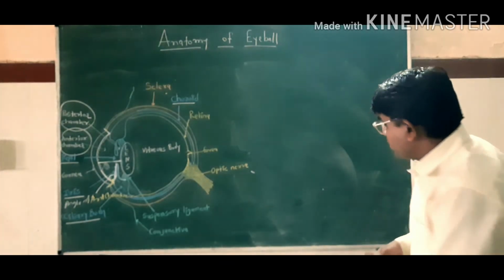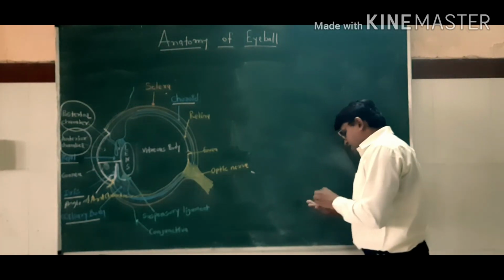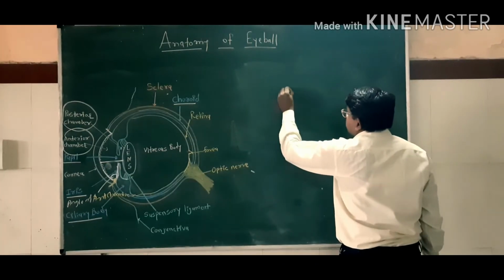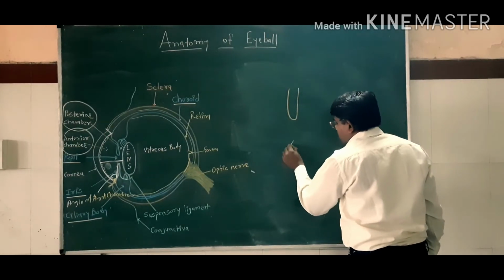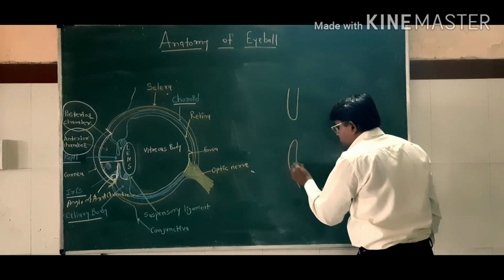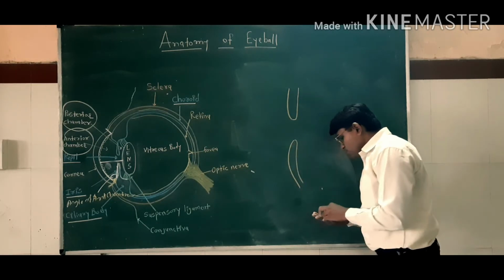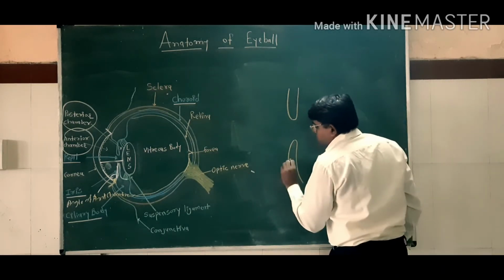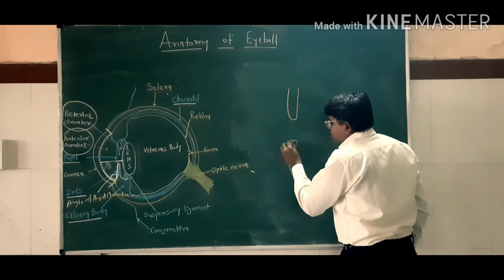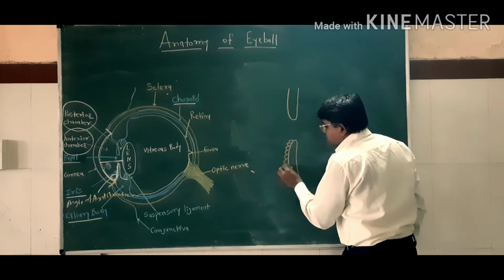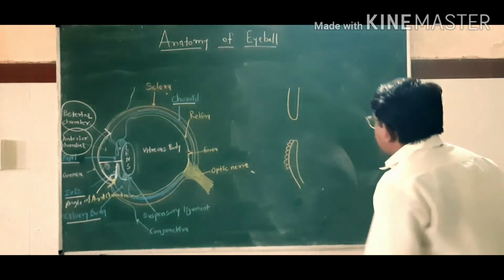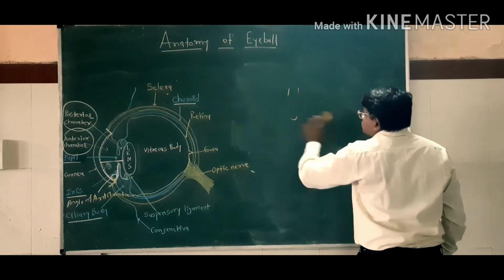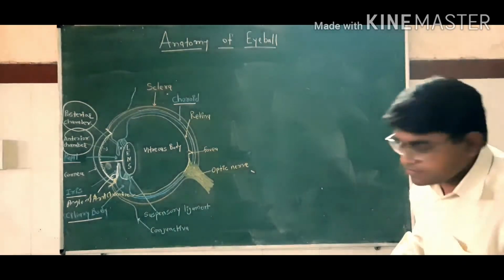The anterior surface is connected with the anterior chamber and the posterior with the posterior chamber. This is the iris. Okay, on this anterior surface there is a single layer. We will make a bigger diagram, so it will be easy to understand.